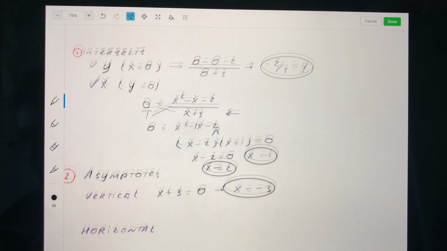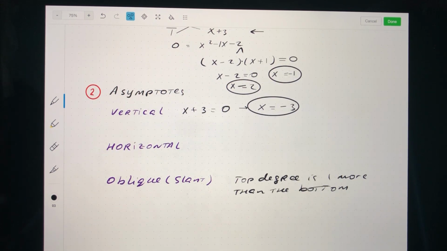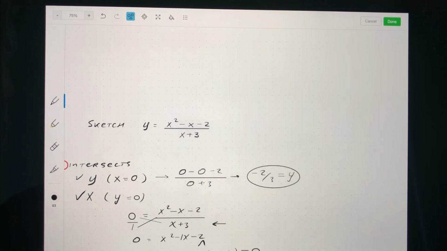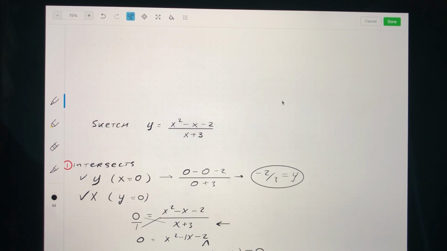To find the oblique asymptote, we do long division. So we actually take our polynomials just the way they were here, and we do the division: x squared minus x minus 2 divided by x plus 3.